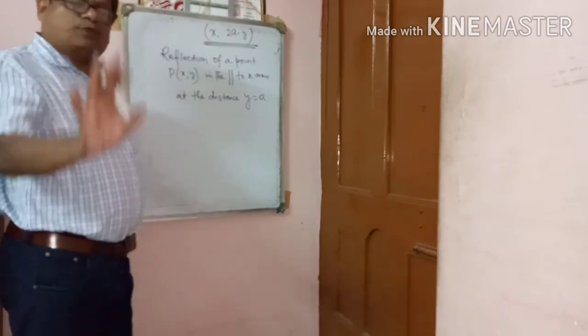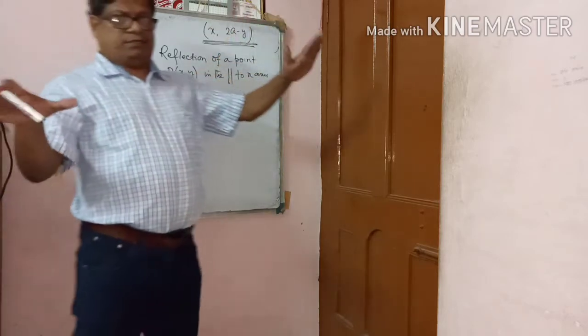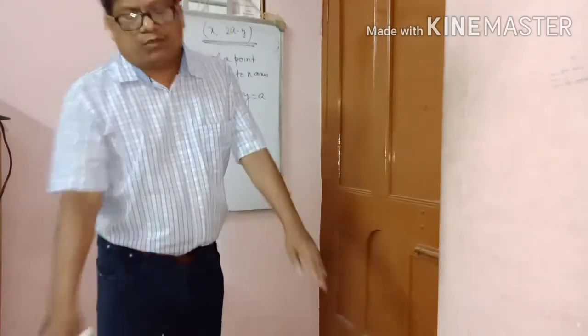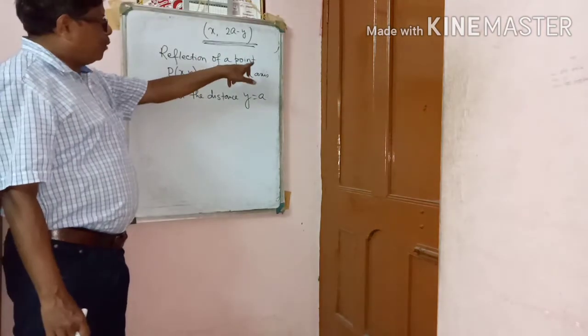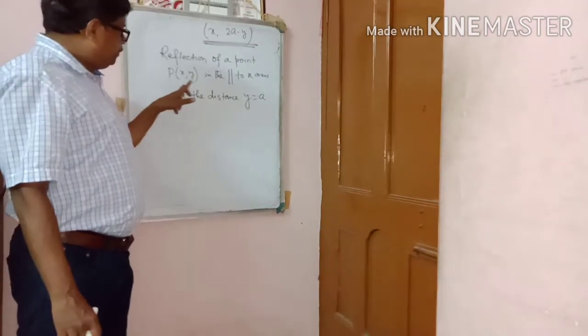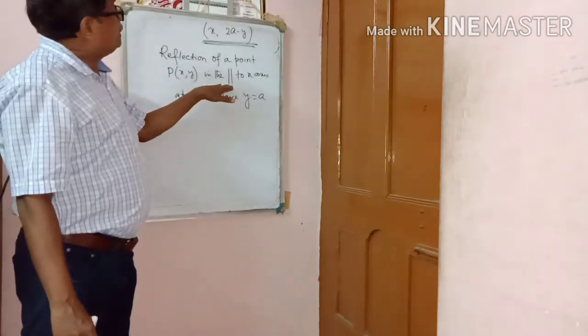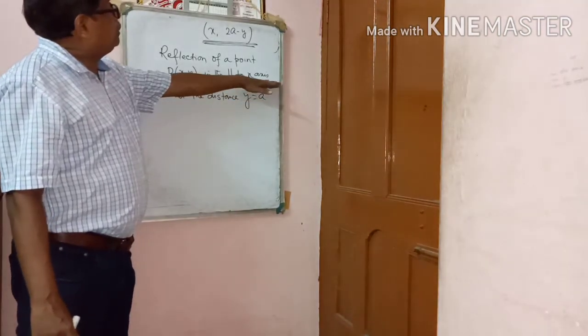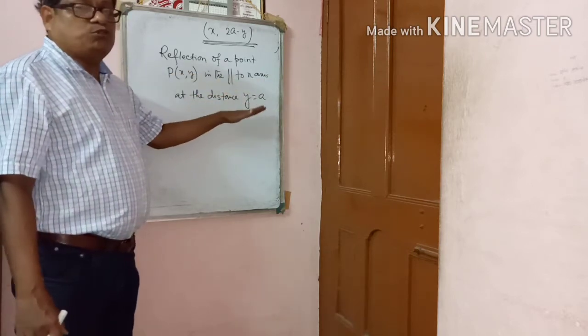It may be negative, no problem. Negative direction of a, no problem. Either positive direction or negative direction. So reflection of a point P of (x, y) in the line parallel to the x-axis, at that distance y equals a.